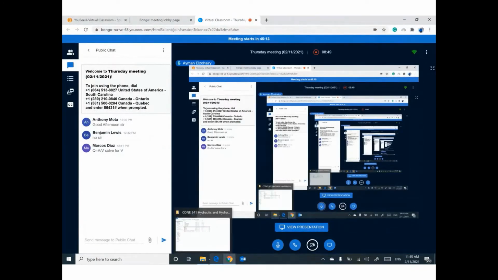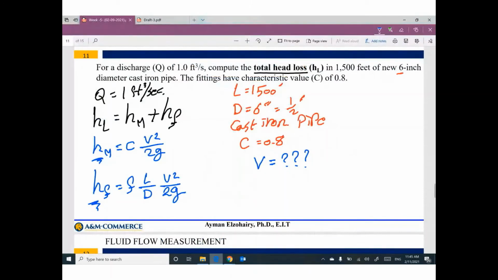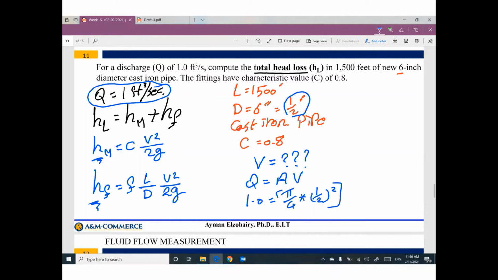We have something given here that we didn't use. Discharge equals area times V. Discharge is given as 1. Area, I can figure out because I know the diameter. So pi divided by 4 times this diameter squared is the area.